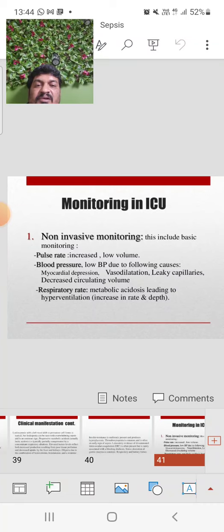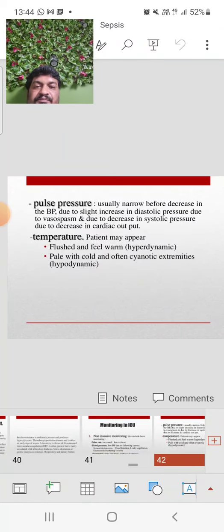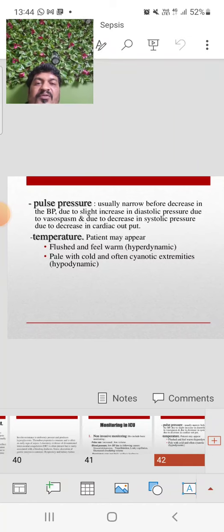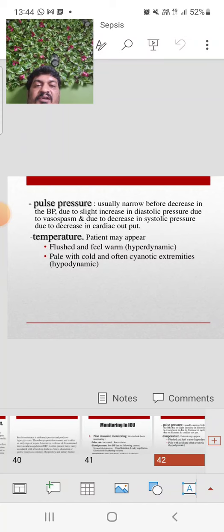Respiratory system: metabolic acidosis leads to hyperventilation, with increase in rate and depth. Pulse pressure is usually narrow before the decrease in BP, due to a slight increase in diastolic pressure from vasospasm and a decrease in systolic pressure from decreased cardiac output.